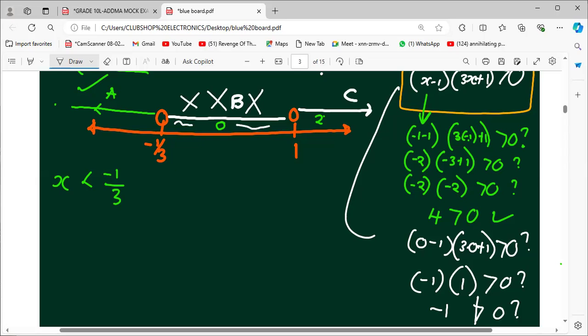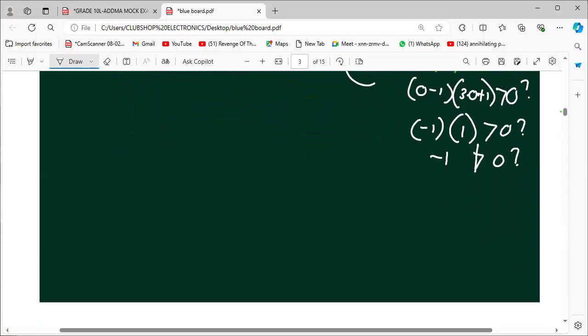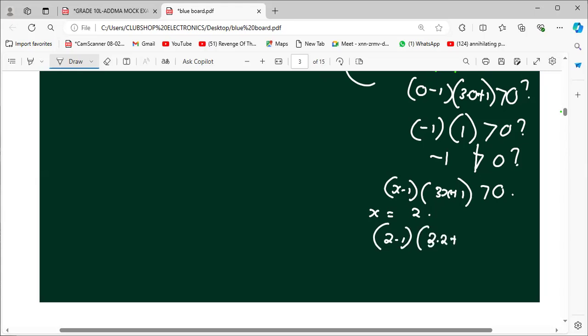We can test the other one also, 2. Take note, we are using (x − 1)(3x + 1) greater than 0. Wherever there is x, we put 2: 2 minus 1, times 3 times 2 plus 1, greater than 0.